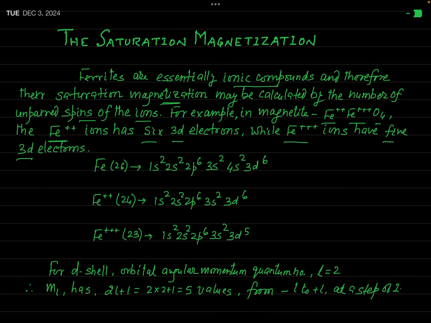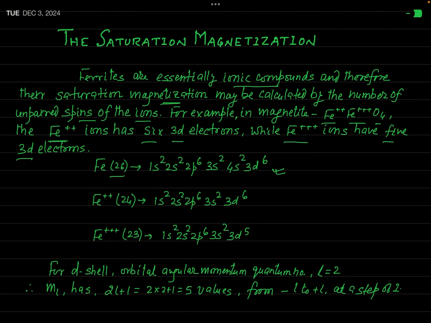Fe has atomic number 26. So when Fe is in its normal state, that is a neutral Fe atom, its electronic configuration is 1s², 2s², 2p⁶, 3s², 4s², and 3d⁶.